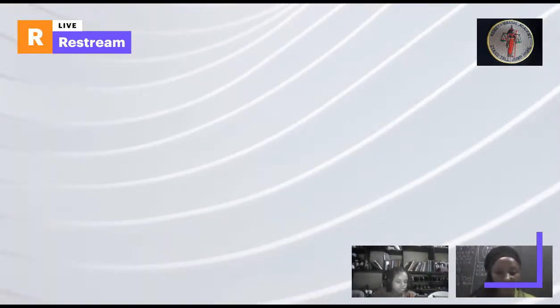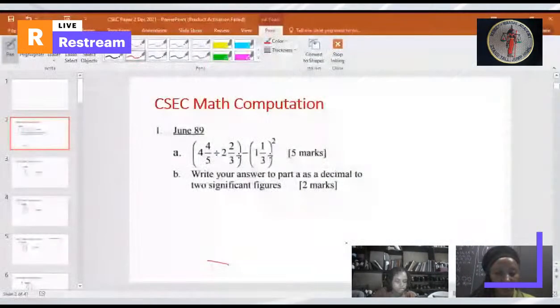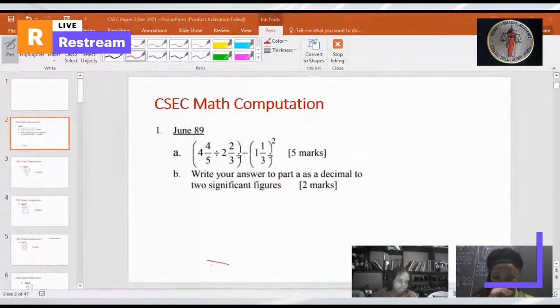and this is our first computation problem. So you are able to use your calculator, right? So if you don't yet have a calculator, you can get one out.